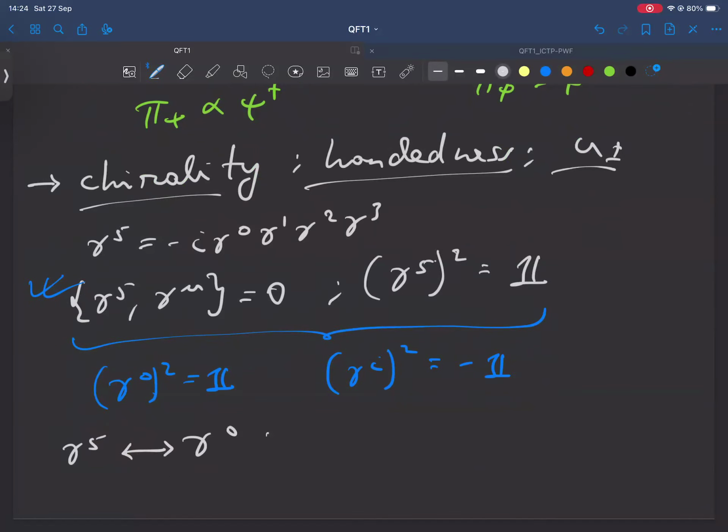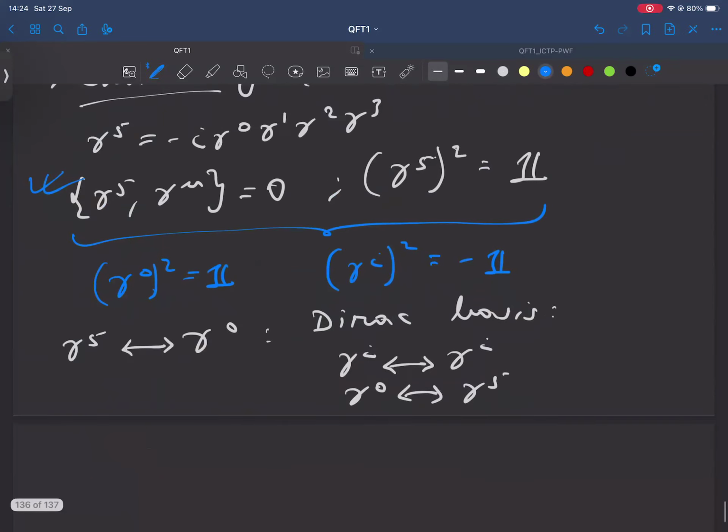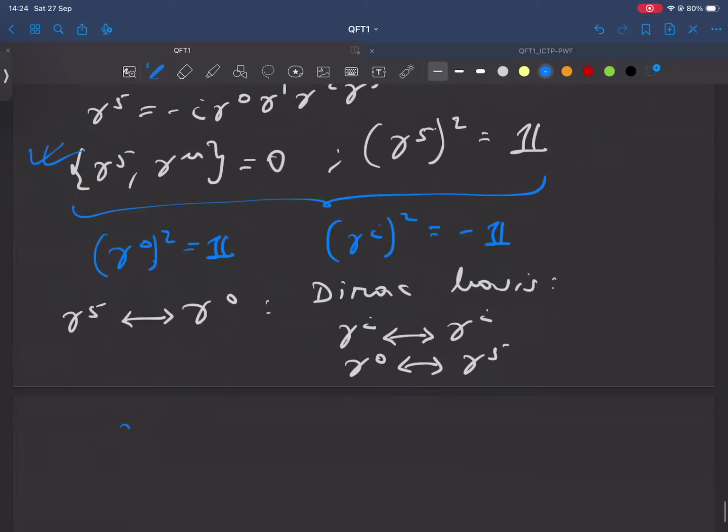And this is where we introduced another basis, which is called the Dirac basis. And in that basis, the gamma i are the same, but gamma 0 becomes gamma 5 and vice versa. Okay. So let's say you are in the Weyl basis. So in that basis, you will have gamma 0, gamma i. So this is the Weyl basis which we were discussing.